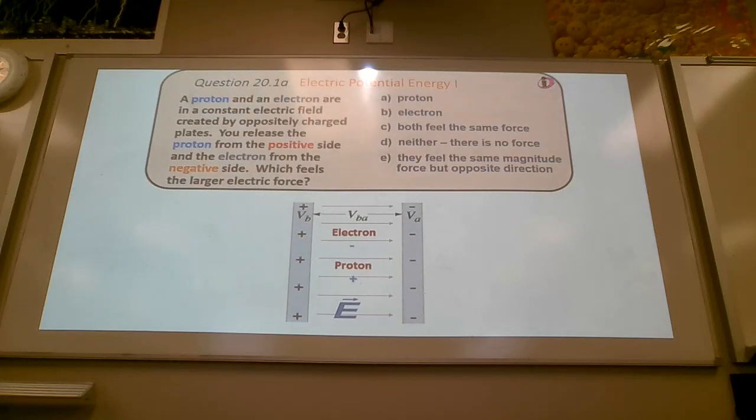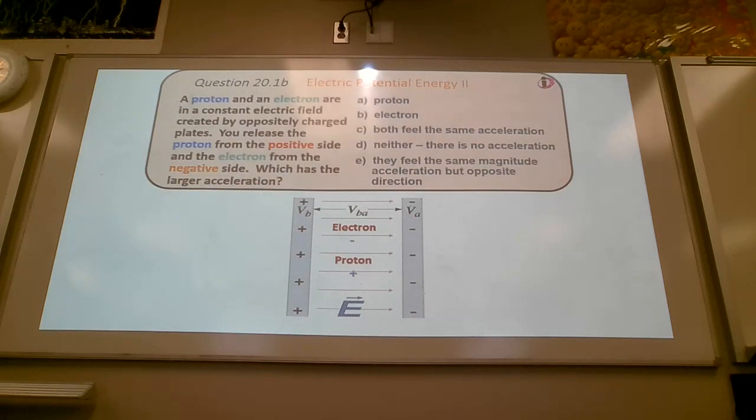Thumbs up when you have an answer. Everybody okay with E? They have the same amount of charge in a constant electric field. They're going to experience the same force, just in opposite directions. Good? Okay. Same scenario.